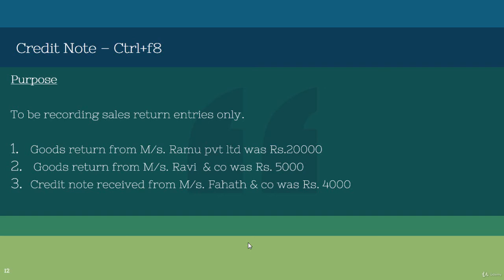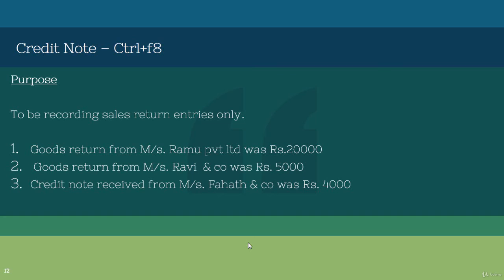For sales returns we should use the credit note voucher. For example, goods returned from Rama Private Limited 20,000, goods returned from Ravi Company 5,000, credit note received from Fahad Company 5,000.